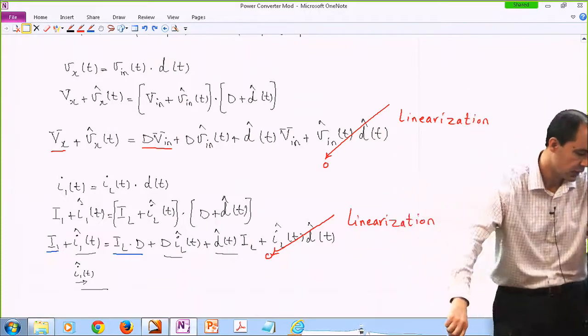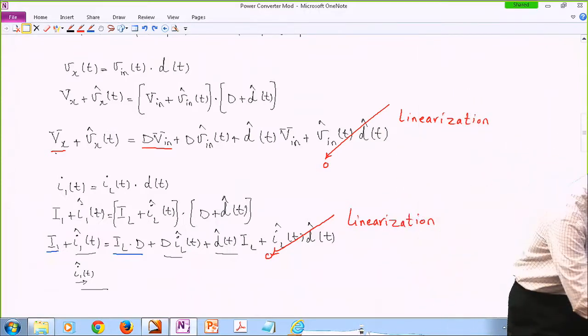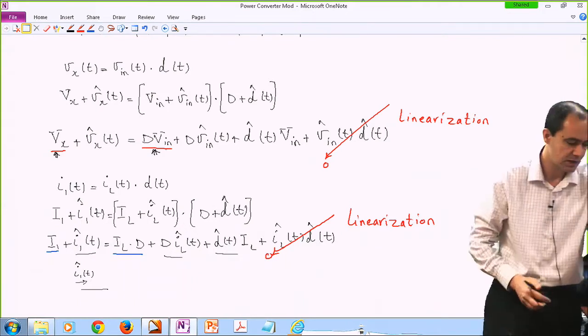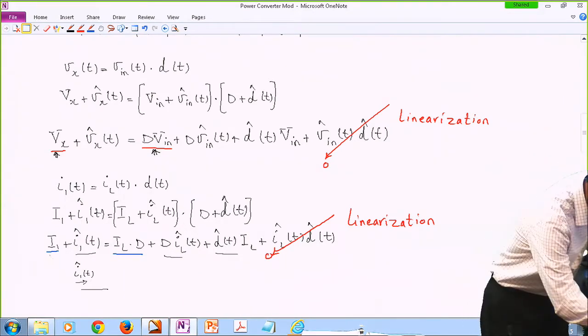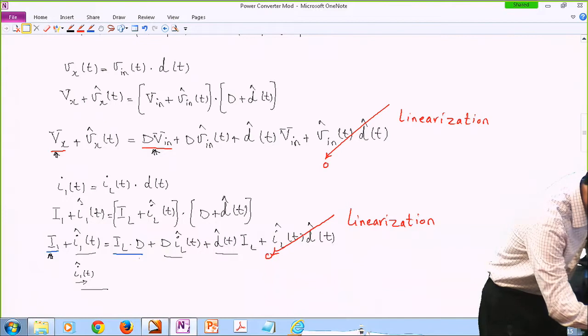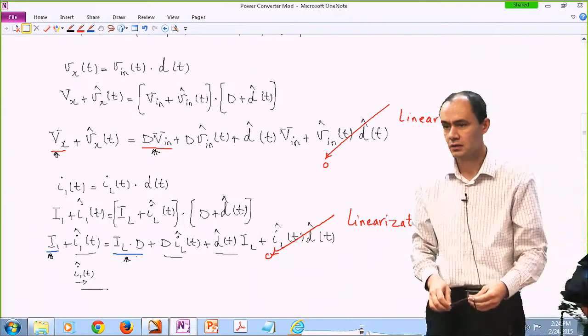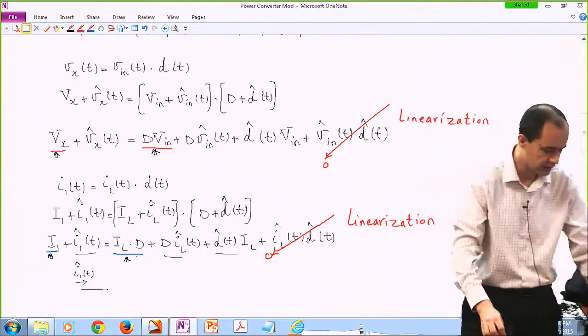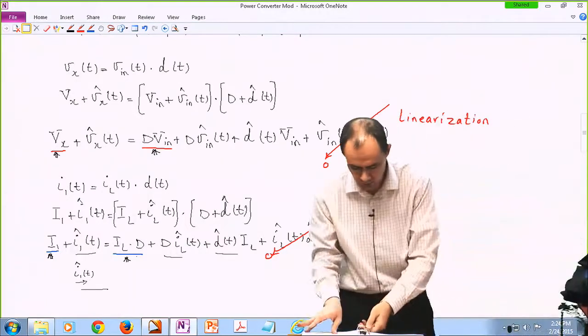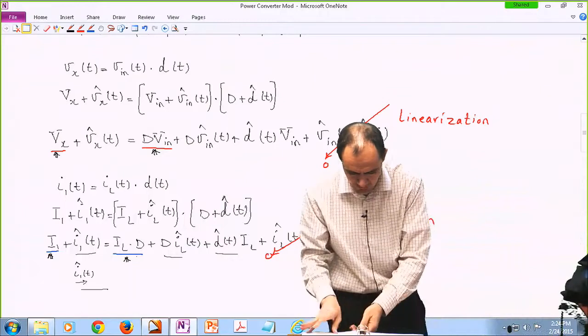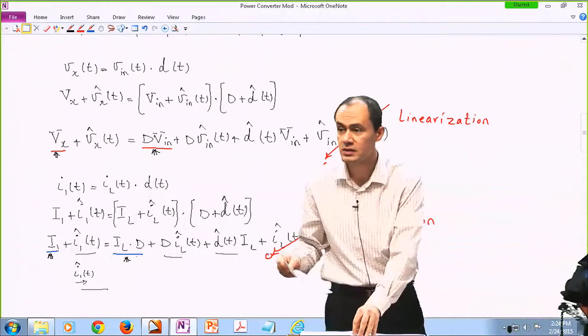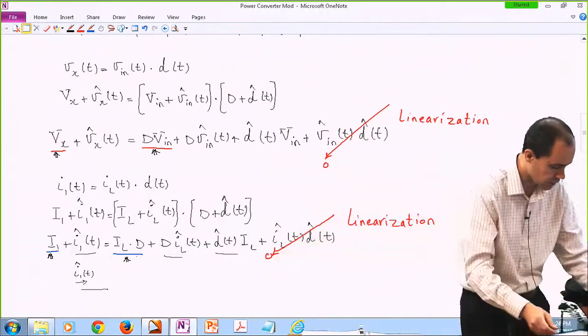So I already know that the DC value of Vx is the duty cycle times the DC value of the input voltage, or the DC value of the input current in the buck converter is the DC value of the duty cycle times the DC value of the inductor current. So I already know that. I don't really have to draw it in my circuit. So I only care about the perturbations when I draw an equivalent circuit model.